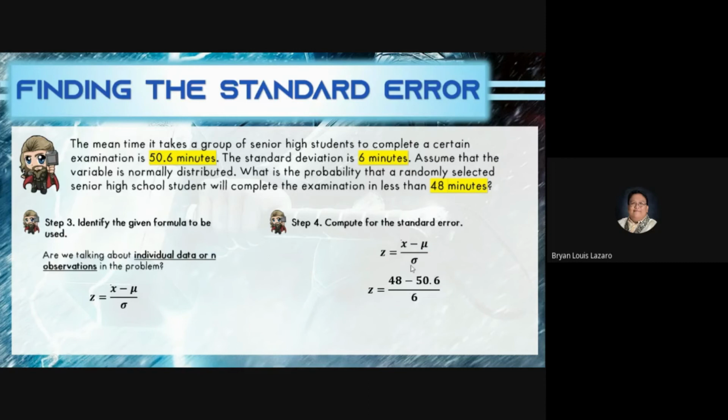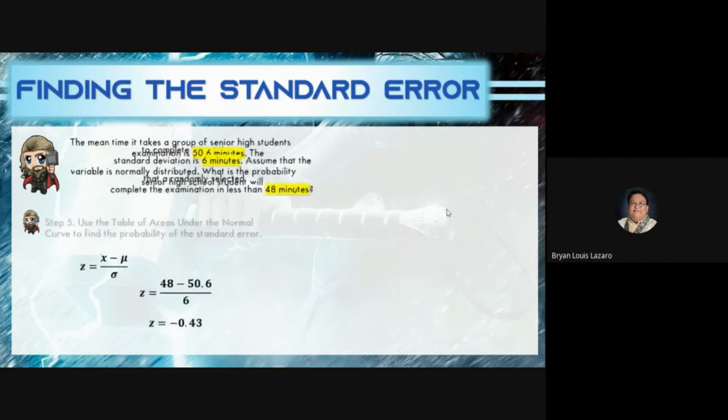When you input this in your calculator, you'll get the answer negative 0.43. Okay? So ngayon, anong gagawin mo ngayon? Nakalagay dito guys that ang tanong, the probability that it is less than 48 minutes. So, drawing mo ngayon yun.